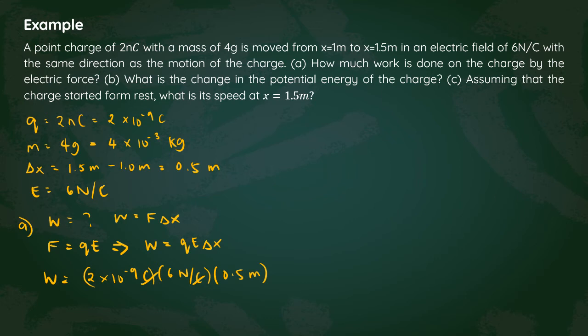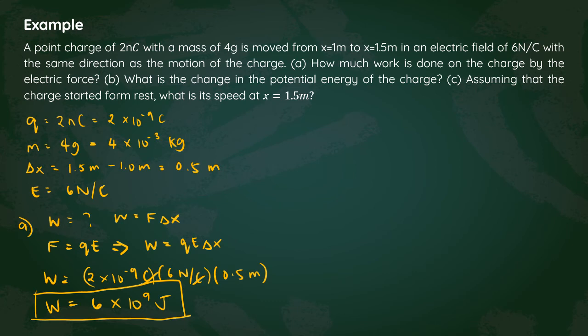So that's 2 times 10 raised to negative 9 times 6 times 0.5. So that gives us work, which is equal to 6 times 10 raised to negative 9 joules. So this is our value for the work.